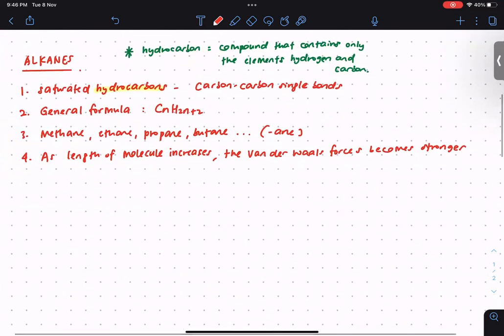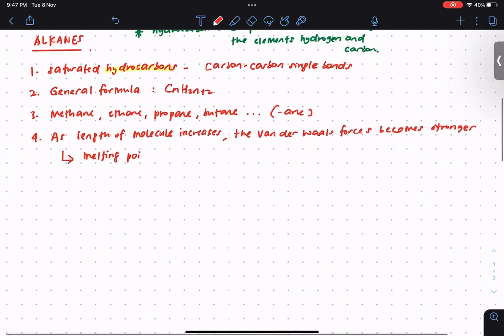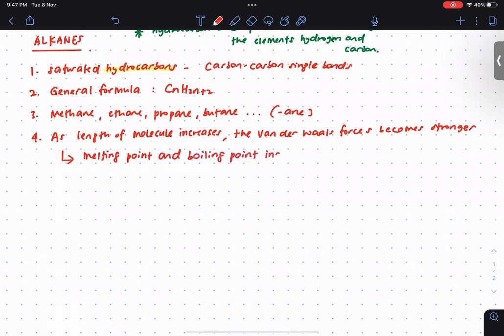So what does that mean? It means that as the molecule length increases, the melting point and boiling point increase. More heat is needed to separate them.